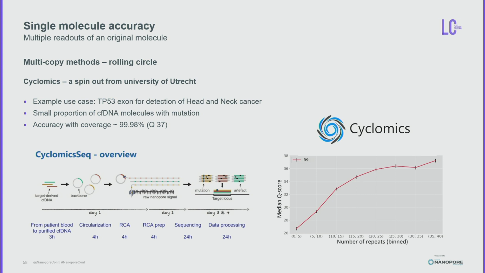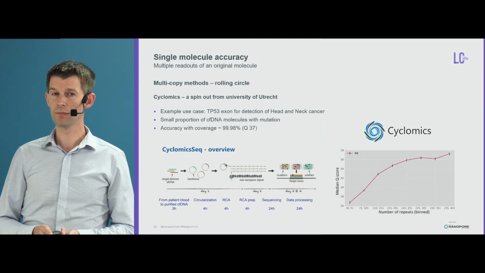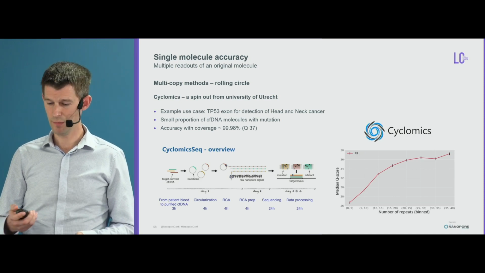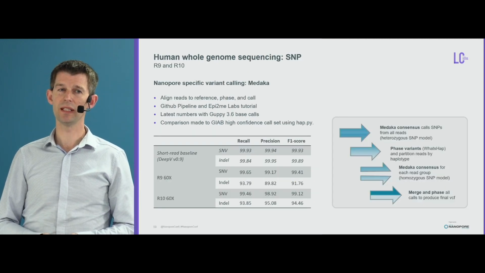They really need to know the exact sequence of each molecule, because you're looking for a very small proportion of circulating free DNA molecules that have this mutation that's indicative of an issue. And they get up to consensus levels of accuracy with coverage, as you might expect. So very high single molecule accuracy with Nanopore data.